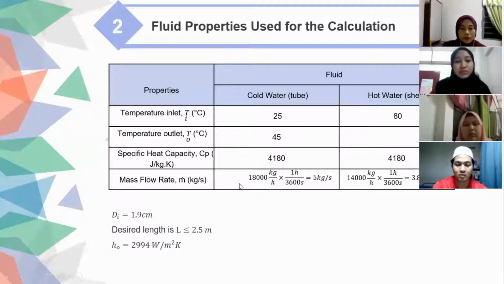Mass flow rate for cold water is 18,000 kg per hour, which we convert to kg per second, equal to 5 kilograms per second. Hot water is 14,000 kilograms per hour, which converted to kilograms per second is 3.889 kilograms per second. The given diameter of the inlet is 1.9 cm and the desired length is less than or equal to 2.5 meters.